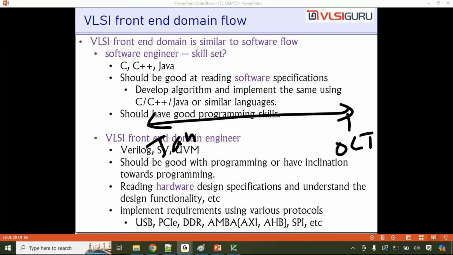The front end domain work will be spread throughout. This is the front end domain. Someone who works in the back end domain, their work starts here, somewhere in the middle. So you see their work is almost towards the end of the project.